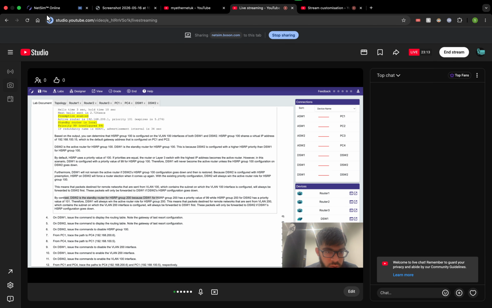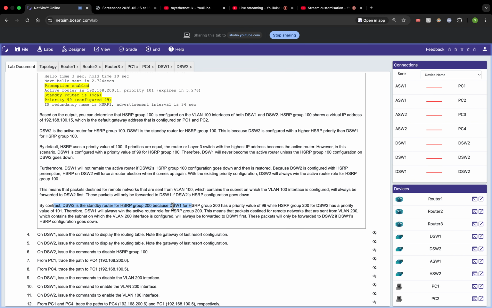Now, by contrast, DSW2 is the standby router for group 200 because DSW1 for HSRP group 200 has a priority of 99. You can see priority 99 there.